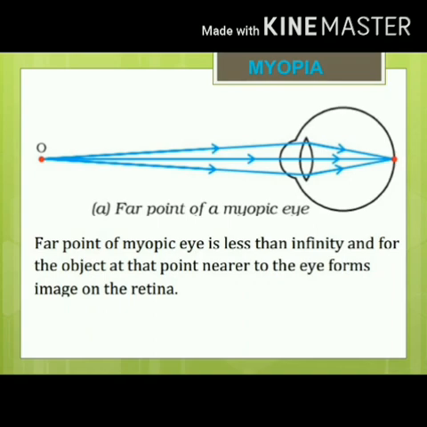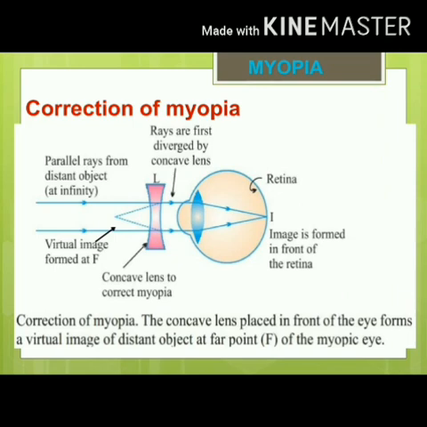This far point is definitely less than infinity, which is for the normal eye. So this picture is for the changed far point of the myopic eye. Here you are drawing the incoming rays as divergent rays.